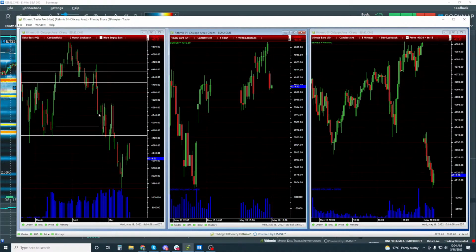This is the daily chart over on the left. Was this the gap up, the gap fill? Well, I think the real gap fill would be down here, but we were anticipating a bounce off of this area, somewhere between 40 and 35.